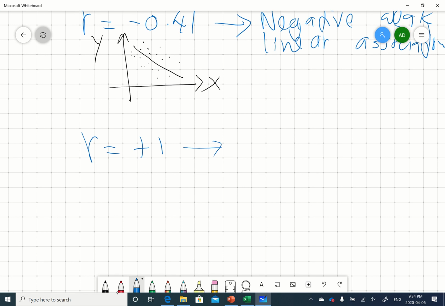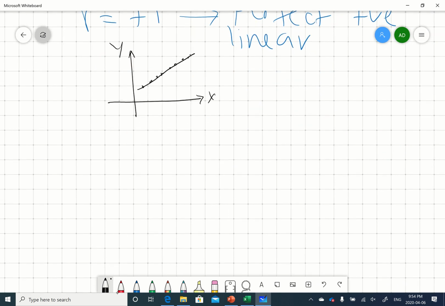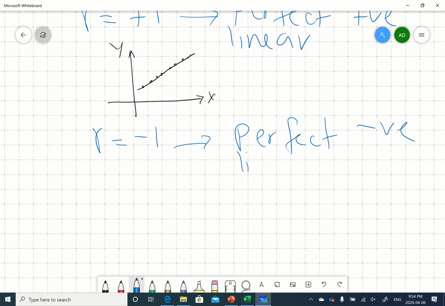So if you happen to have R equals +1, this is the best. This is a perfect positive linear association. That means increasing, and all your data points are on the straight line. And similarly, R equals -1, perfect negative linear association.